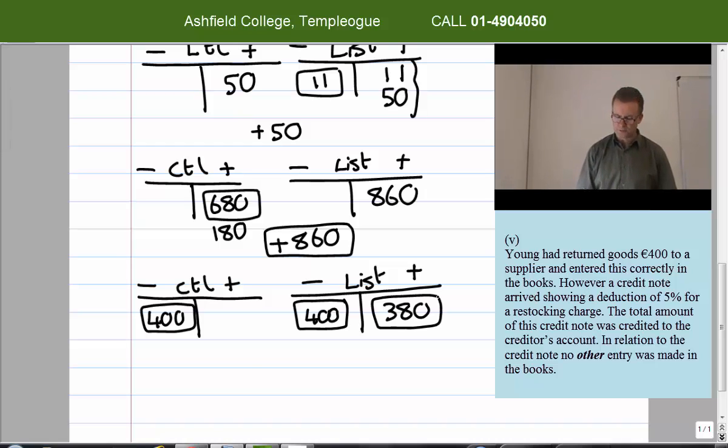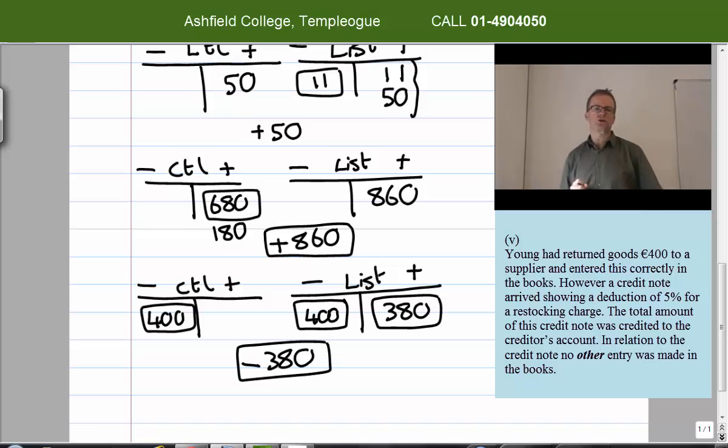My target figure is going to be minus 380. And the reason why it's minus 380 is because minus €400 will be the original position. We return goods worth €400, but a restocking charge of plus €20, minus 400 plus 20 gives you minus 380. Control part is quite easy because you've got minus 400 in there already, and you're going from minus 400 to minus 380, which means I put in a plus 20.